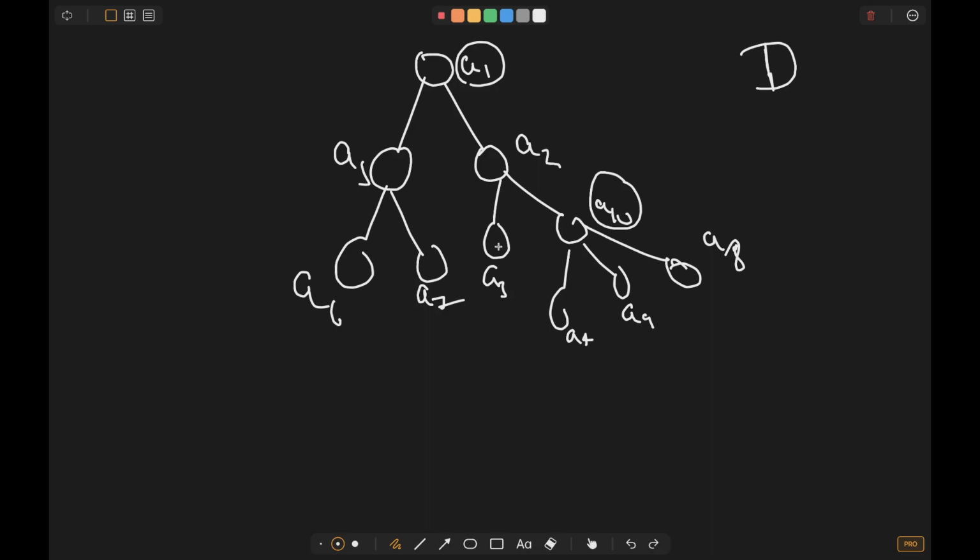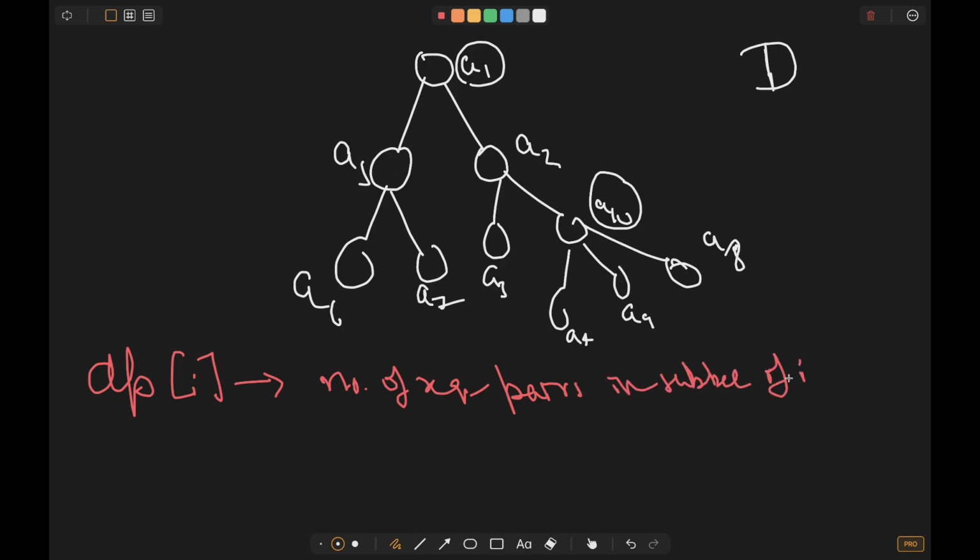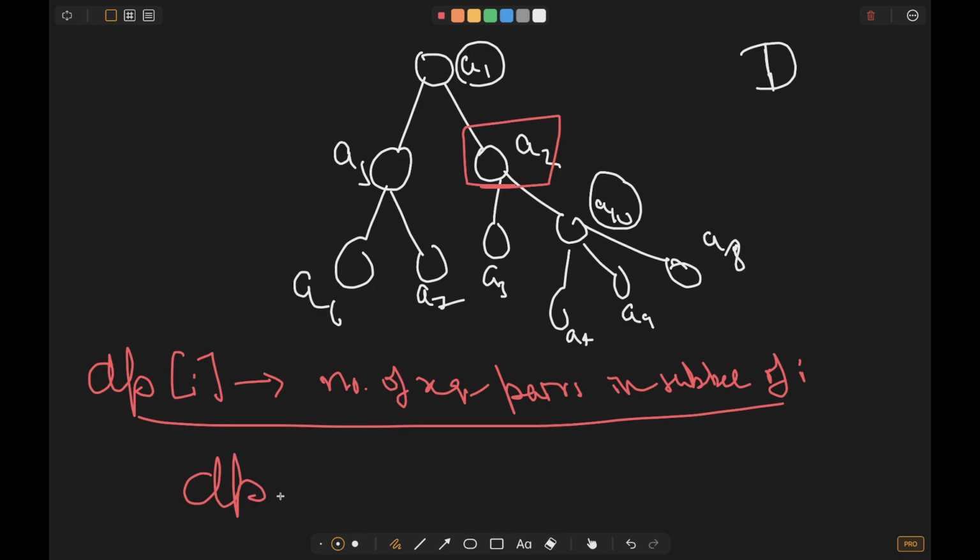So if we store in dp[i] the number of required pairs in the subtree of i, then this is our state. Now to calculate it at some vertex, that is A2, obviously dp2 is dp3 plus dp10.